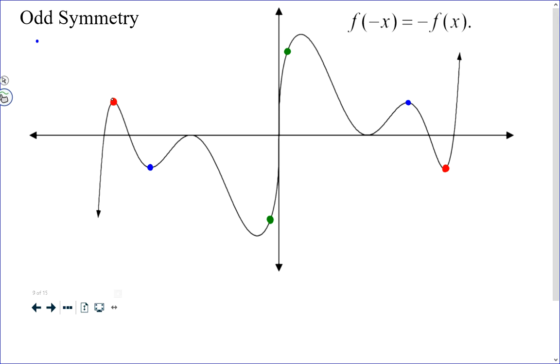So if I were to take this red point that's on the left and I were to reflect it vertically, it would end up down here. If I were to then reflect it horizontally, it's going to end up way over here. If I were to reflect the blue point on the left vertically, then it's going to end up above the x-axis. When I reflect it horizontally, it will end up over at the other blue point.